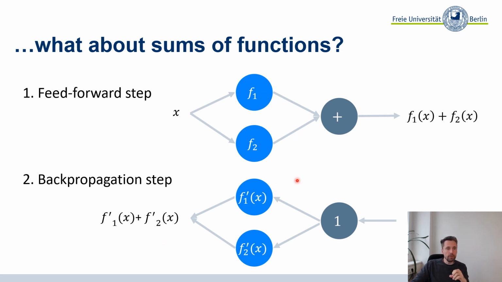If you think of how x, the input, can affect this output, it's exactly through each of these functions. So the effect on the overall is the sum of the effects on the individual parts.